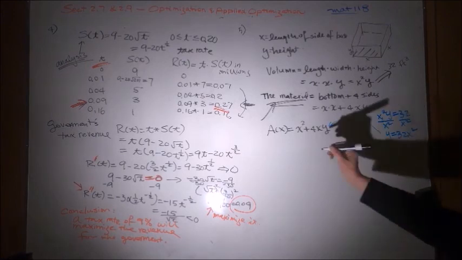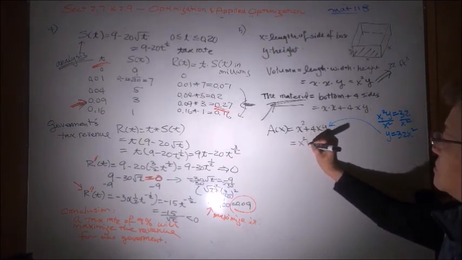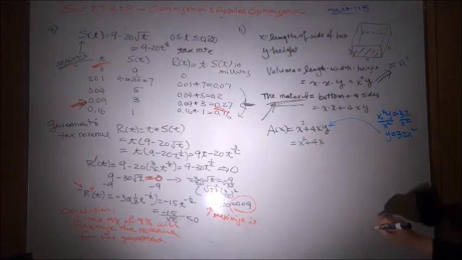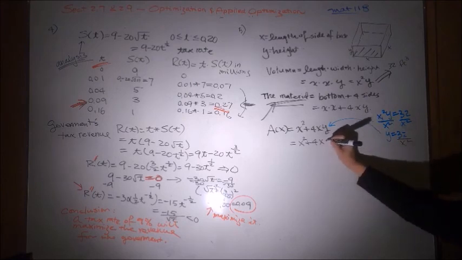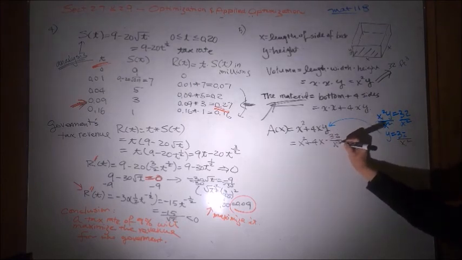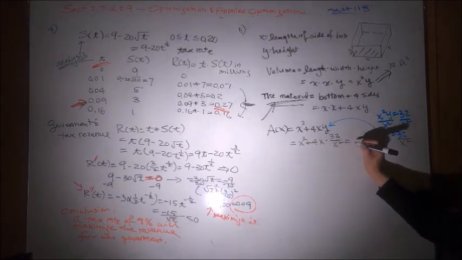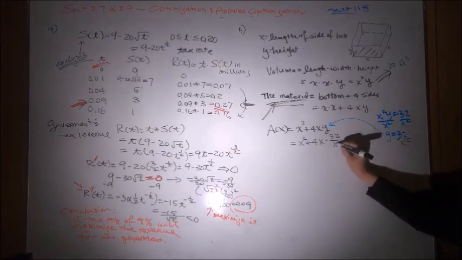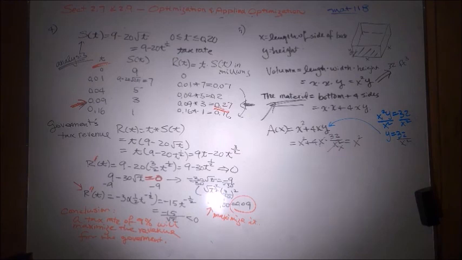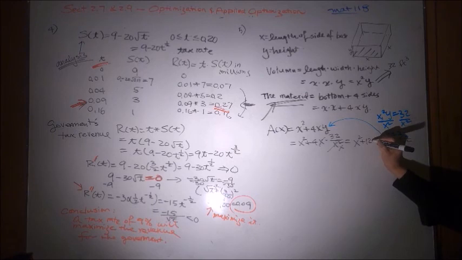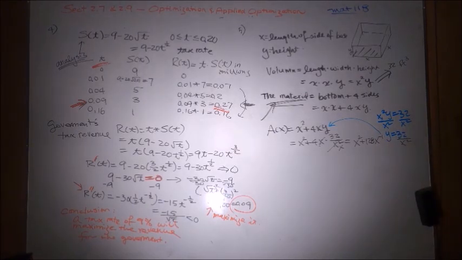So what do we have? This is x squared plus 4x times, oops, that shouldn't be this, it should be 32 over x squared, right? So that would be what? 4 times 32 is 128, so plus 128x to the negative 1 power.